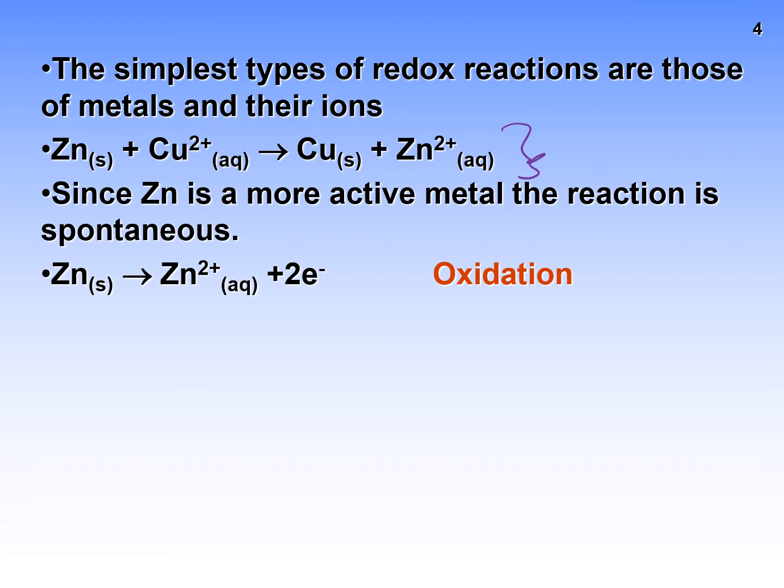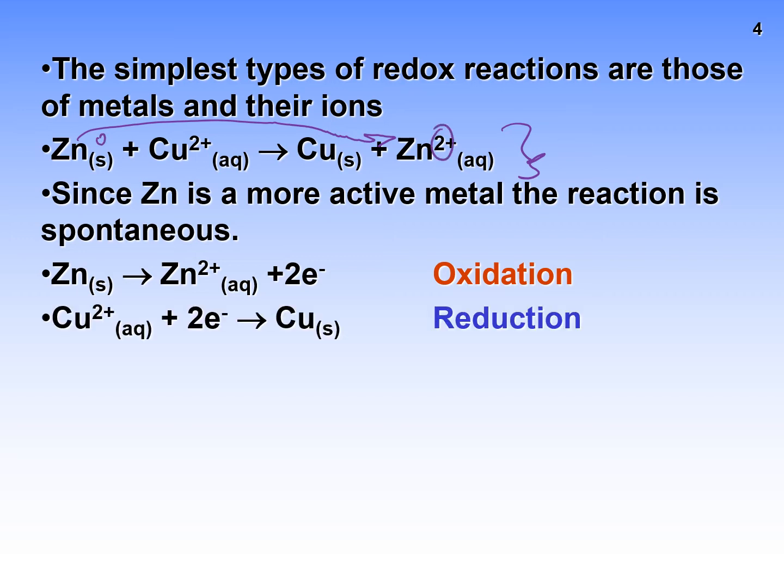So in this case, zinc is being oxidized because its oxidation number went from 0 to 2 plus. Copper is being reduced because it's going from 2 plus to 0. And these would be the half reactions, the ones I just showed on the previous slide.